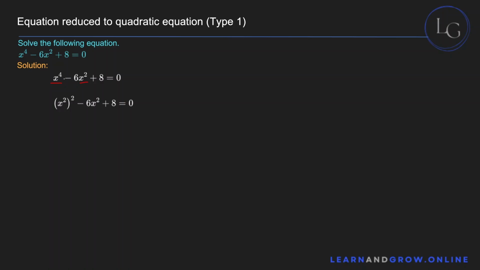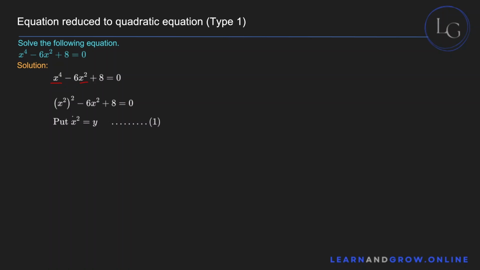So x power 4 becomes x to the power 2 raised to the power 2. So this is a quadratic form of this. If this was, say, x to the power 8, you would have taken x to the power 4 whole power 2.